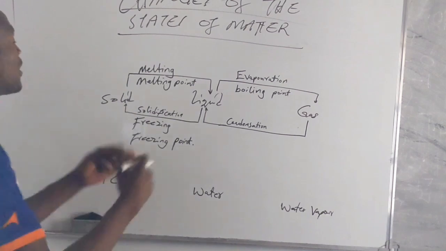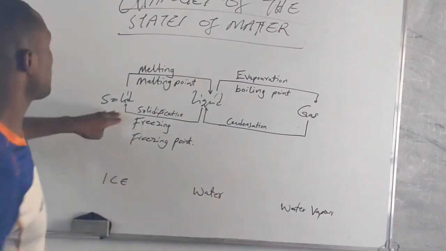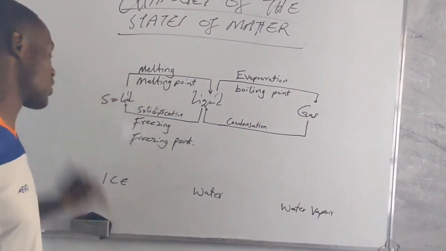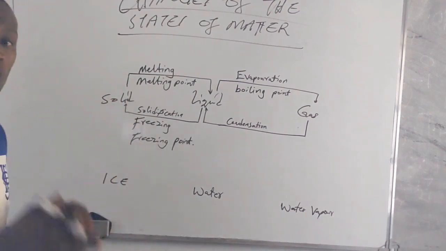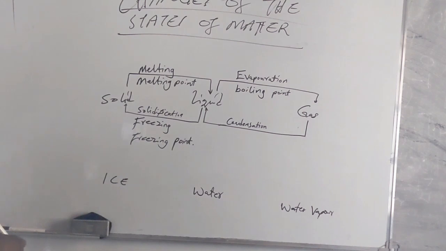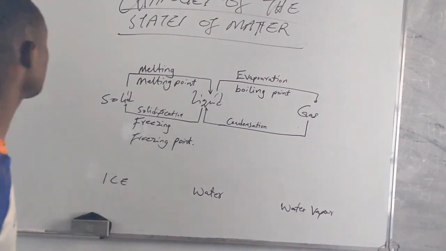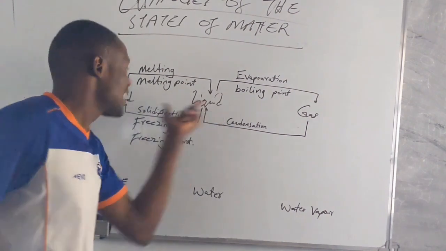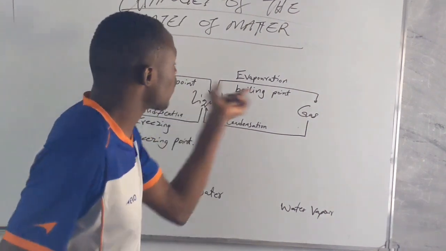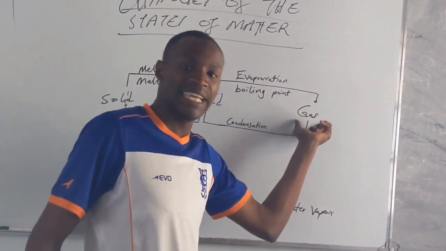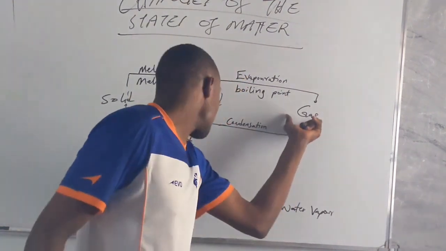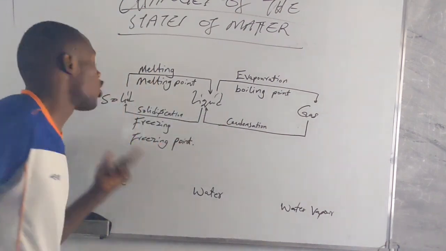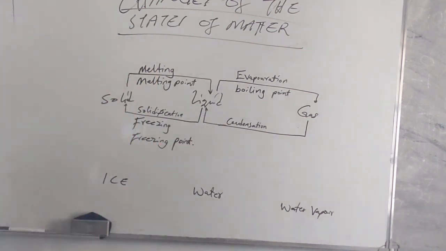When the forces are weakened, the particles in the solid are no longer compacted the way they were, because they were held by cohesion forces. So the change from solid to liquid gains heat, and the change from liquid to gas also gains heat. Then gas to liquid loses heat, and liquid to solid also loses heat.